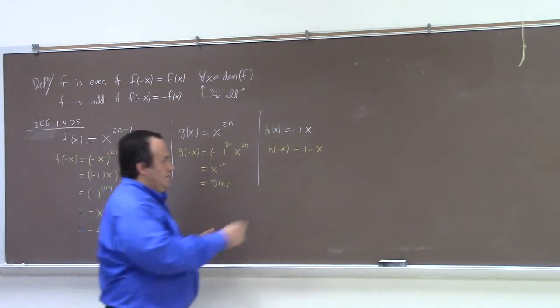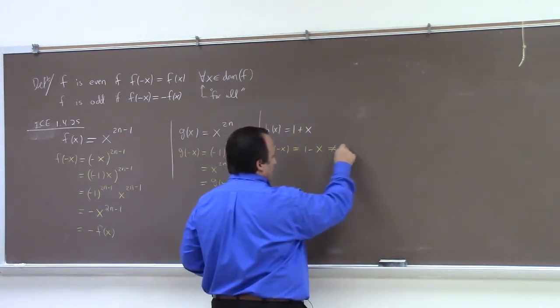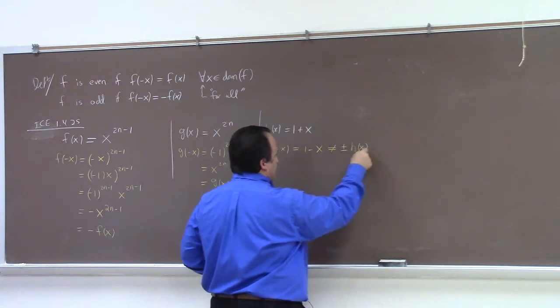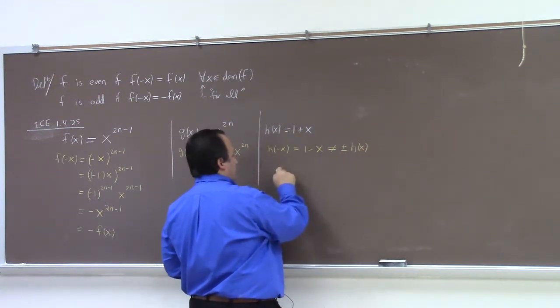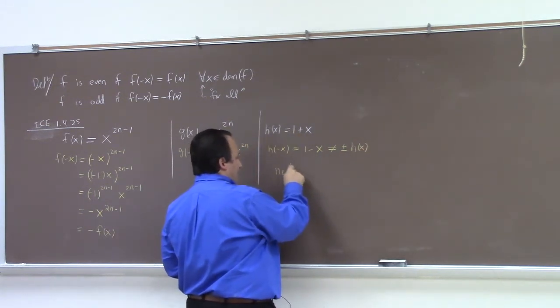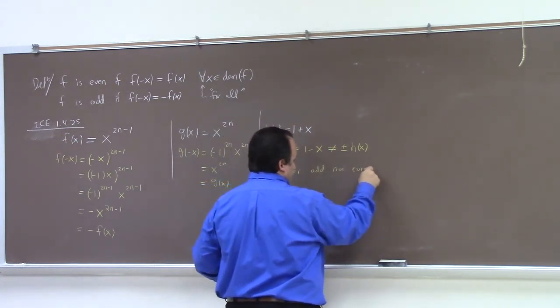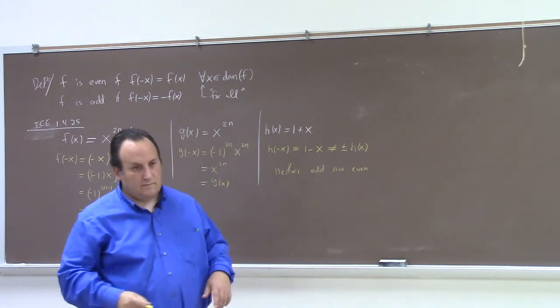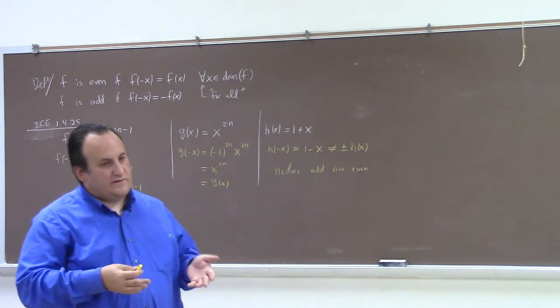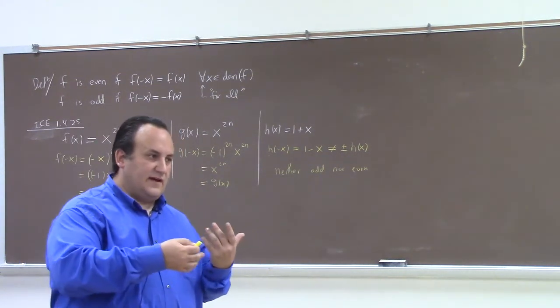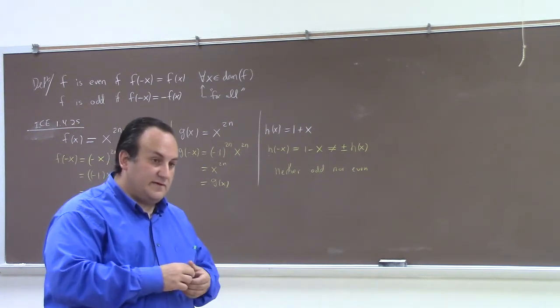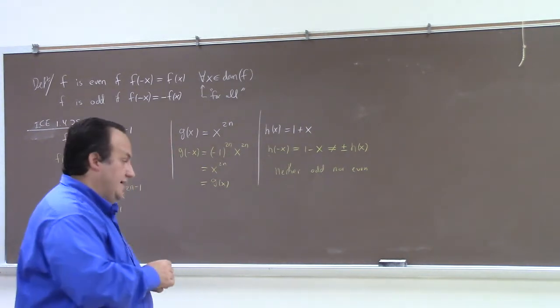So this one is neither odd nor even. But identifying whether a function's even or odd, it's one of the basic things we can do to kind of understand what kind of function we're dealing with. So it's a helpful categorization.